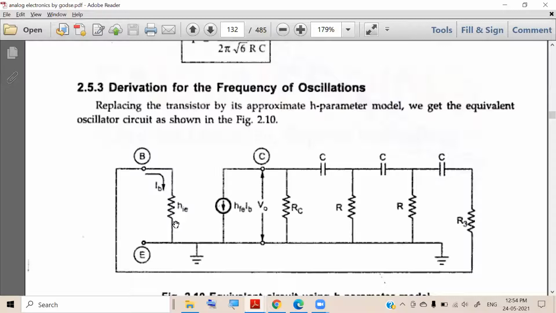Only two terms, hie and hfe IB, where IB is the input current. You have seen this circuit in the first unit, second unit, and now the third unit. It is a very important circuit. This is the approximate h parameter model for the common emitter configuration. We have seen this many times, so I hope all of you are thorough.